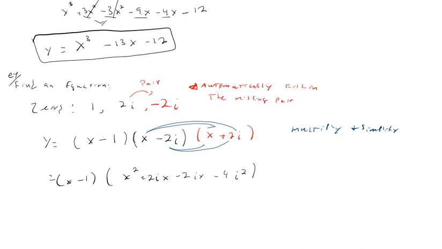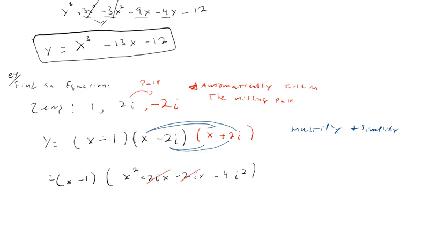So we're going to simplify this. The 2ix and the negative 2ix, very nicely, are going to cancel out. And we also have to remember i squared. Who remembers?